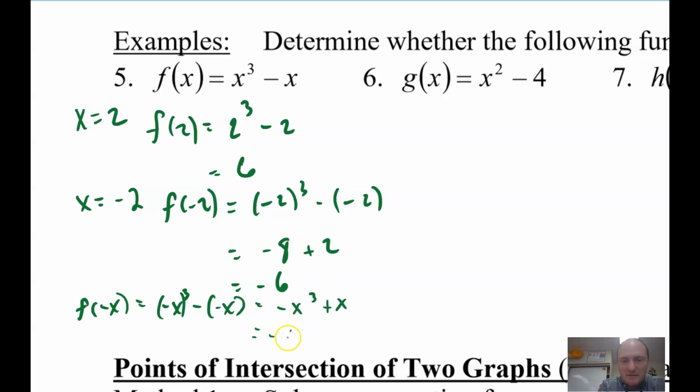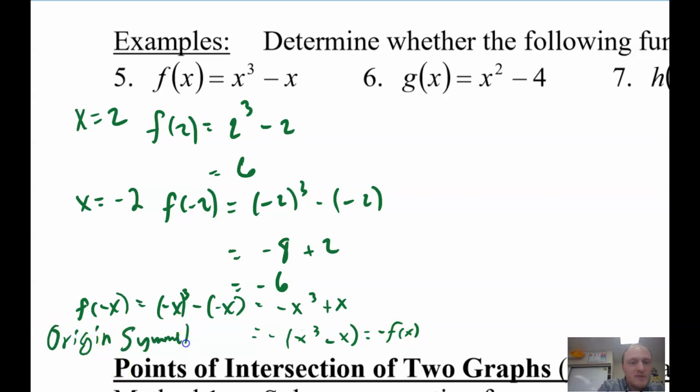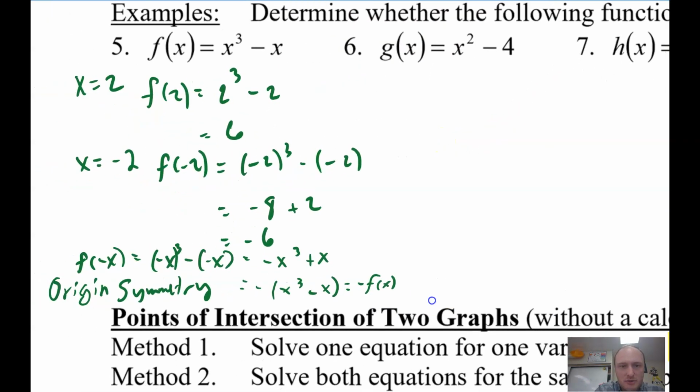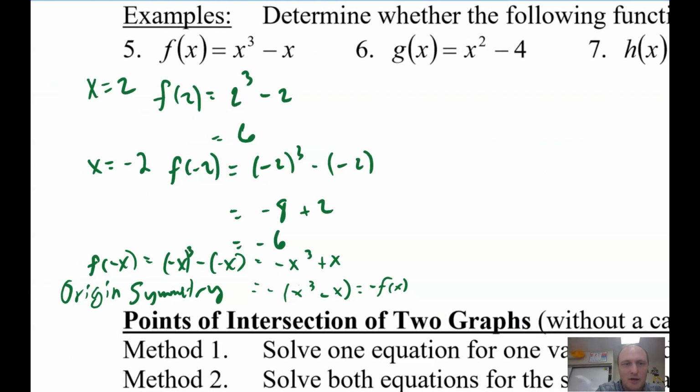If I take away that negative, I now have negative, x cubed minus x, and this is negative f of x. So in this example, this is origin symmetry, and they want to know, is this even or odd? That's going to make this function odd, because it's origin symmetry. So our answer here, I'll just squeeze it in right here: odd.